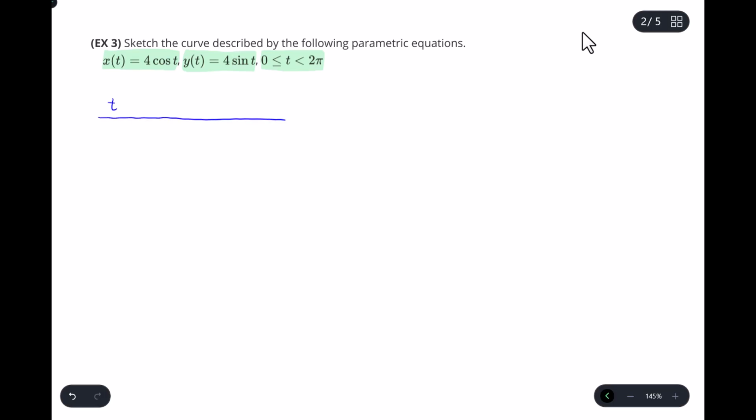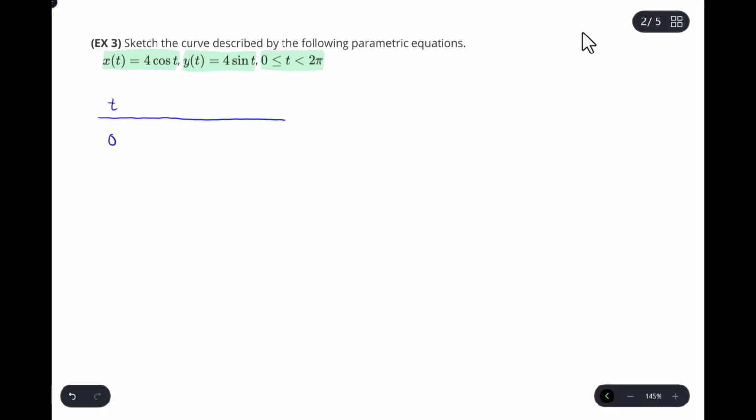The first thing we have to decide on is how we want to split up the interval from 0 to 2 pi. We want to make sure we use enough points that we get a decent looking graph, but we don't want to use too many where it takes a long time to calculate. So let's split this up into, say, intervals of pi over 4.